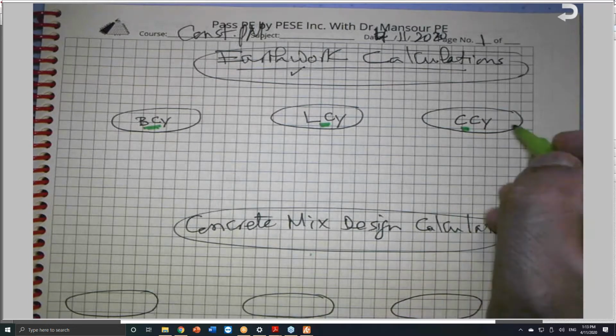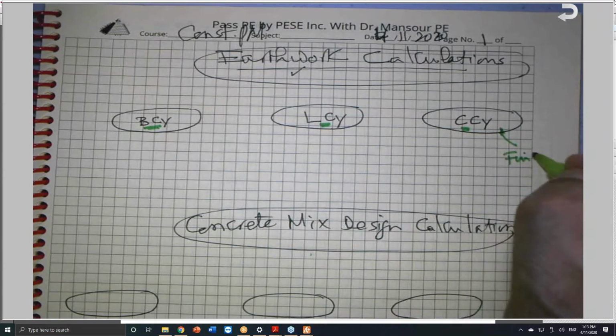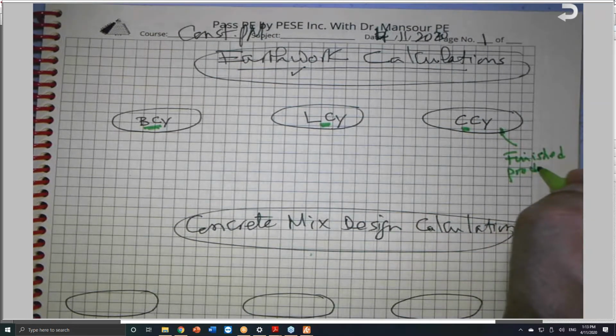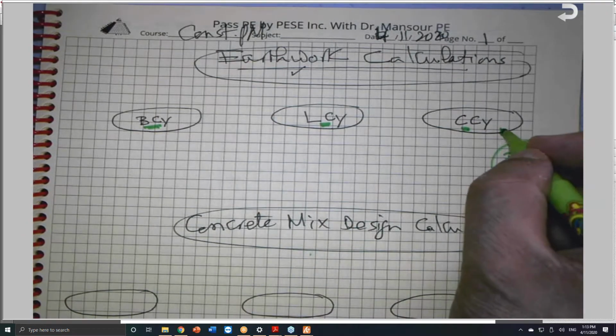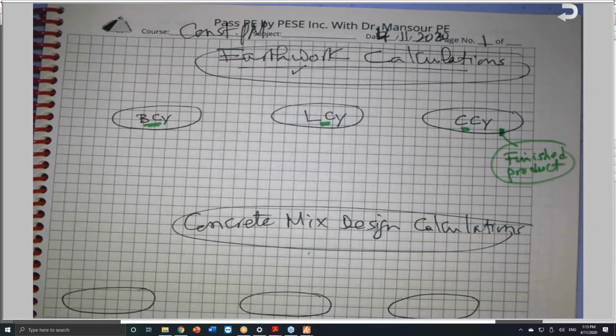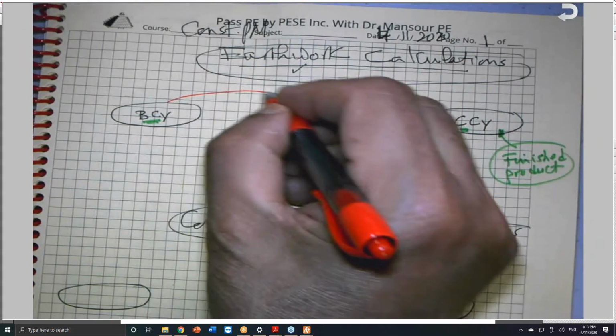And this, by the way, is the finished product: compacted cubic yard. In order to move from here to here, we have a factor called the swell factor.